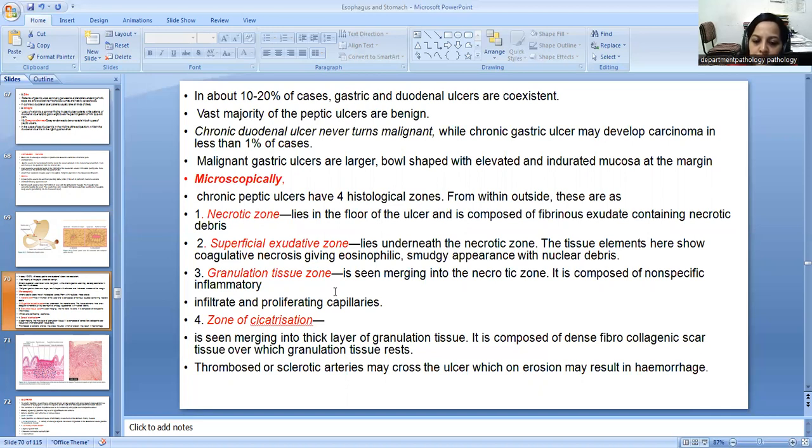Third is the granulation tissue zone, which is seen merging into the necrotic zone. It is composed of non-specific inflammatory infiltrate. Fourth is the zone of cicatrization, which is seen merging into a thick layer of granulation tissue. It is composed of dense fibrocollagen scar tissue over which granulation tissue rests.